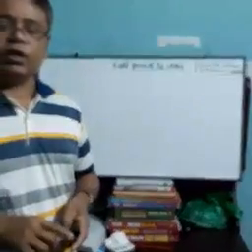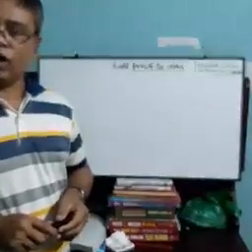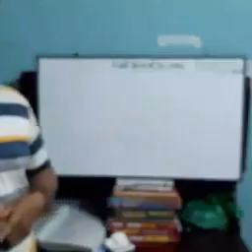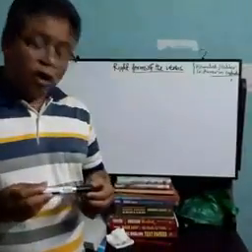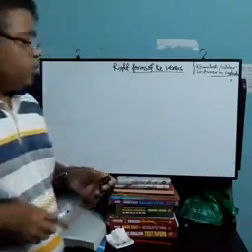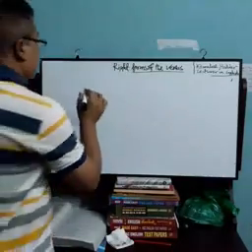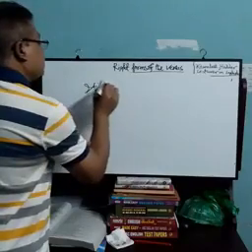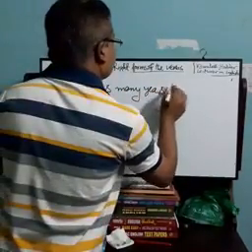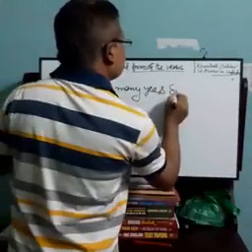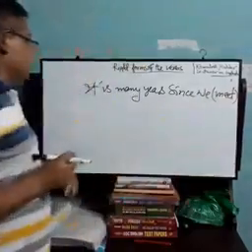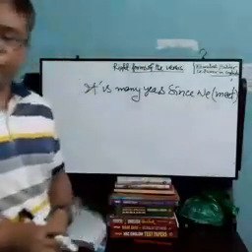A complex sentence is a sentence which has a principal clause and one or more subordinate clauses. In a complex sentence, we generally see that both the clauses are in the same tense, but look at this sentence: it is many years since we meet.